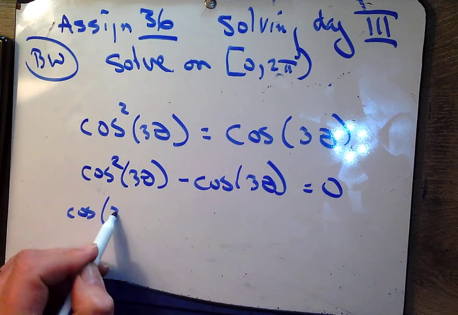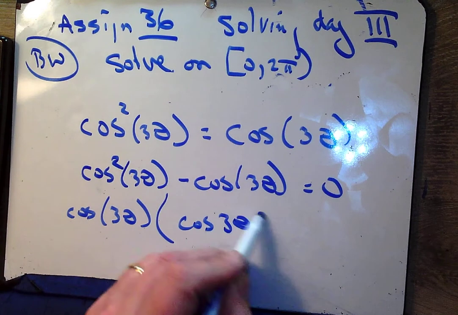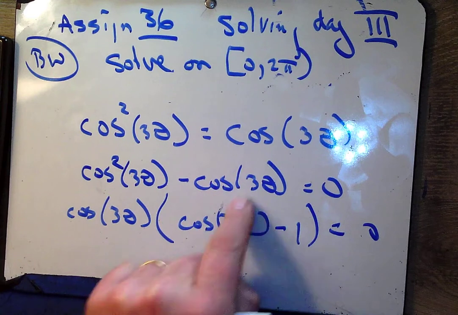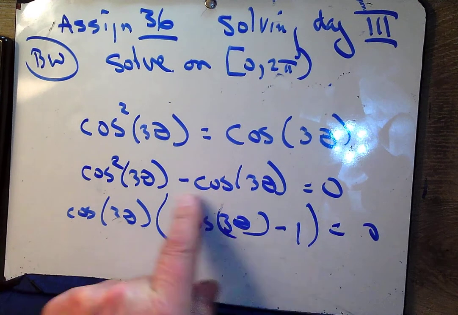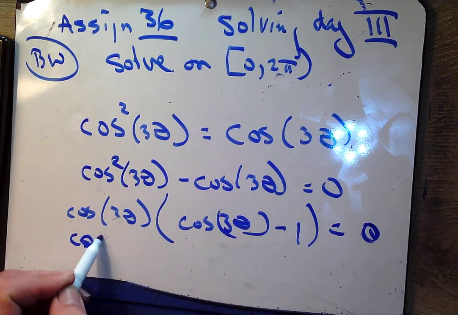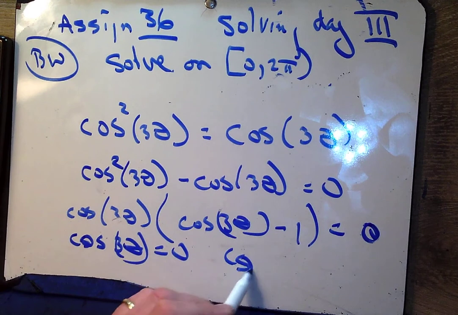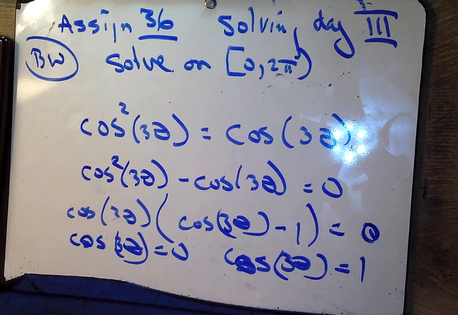We factor out a cosine 3 theta and are left with cosine 3 theta minus 1 equals 0. Watch out for this: cosine 3 theta divided by cosine 3 theta is not 0, it's 1. I've got this minus 1 here. So I end up with cosine 3 theta equals 0 and cosine 3 theta equals 1.